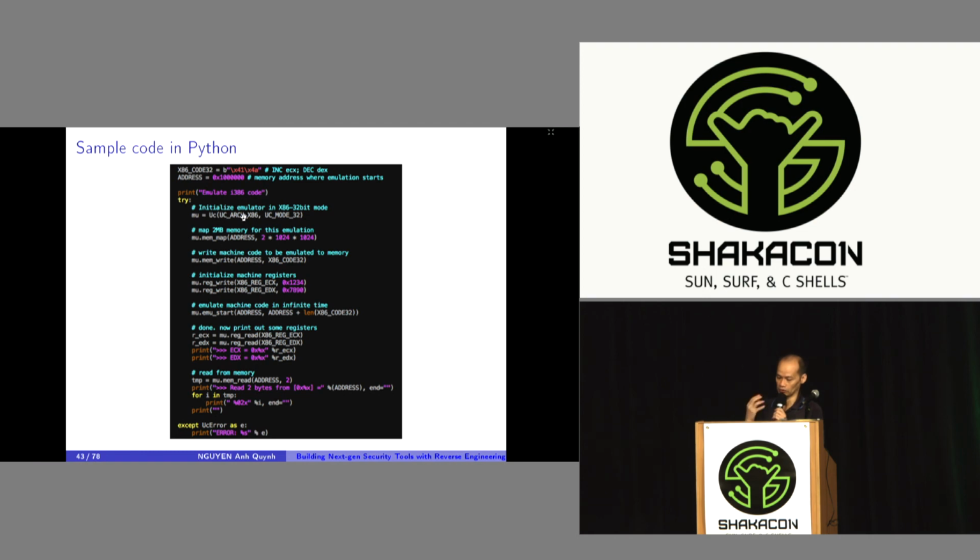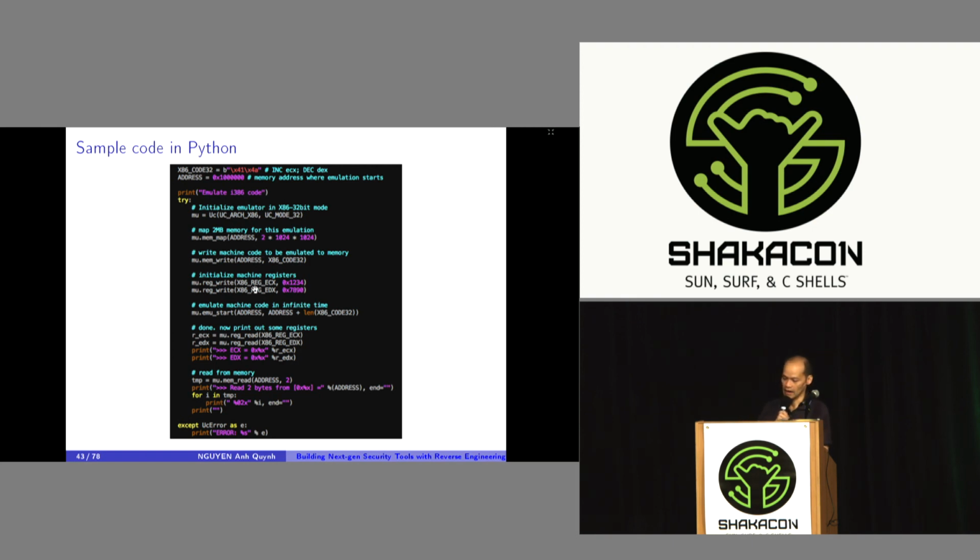Here I want the emulator for Intel 32-bit. After that, I map the memory, because the emulator needs memory to run my code. Here I map 2 megabytes of memory at this address. And then I write the 2 bytes of code into the memory.